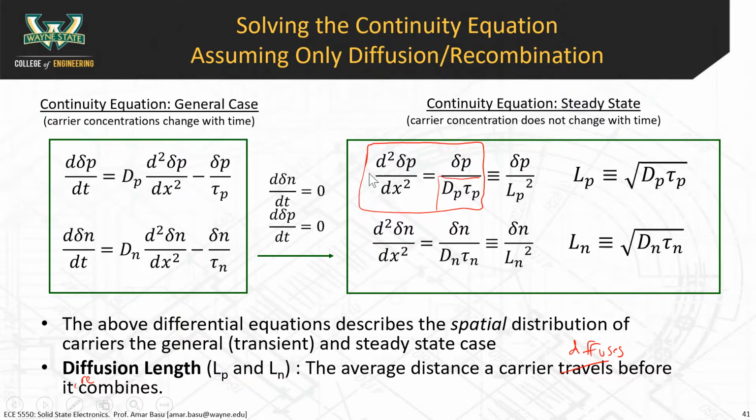That's what the steady state equation is doing. In the general case, what is it a function of? It's a function of space and time, both. So the general equation is the one that you start off with, but if you have a specific situation like steady state, where all the time derivatives are zero, then the equation just becomes a function of space instead of space and time.